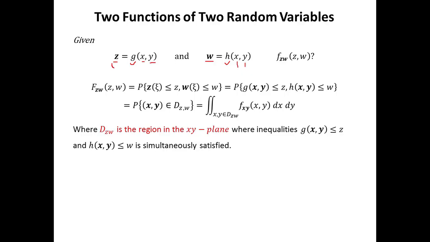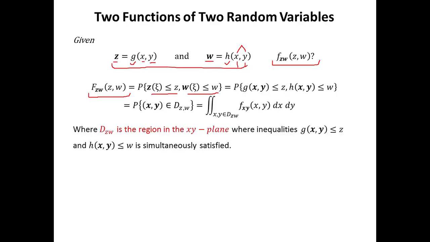If this is the scenario and we have information about the joint CDF or joint PDF of the x and y random variables, then the question is how we can determine the joint PDF of the two new random variables z and w, which is represented as f_ZW(z,w). For this, first let us consider the joint CDF, which is defined as the probability that Z(ζ) is less than or equal to z and W(ζ) is less than or equal to w.